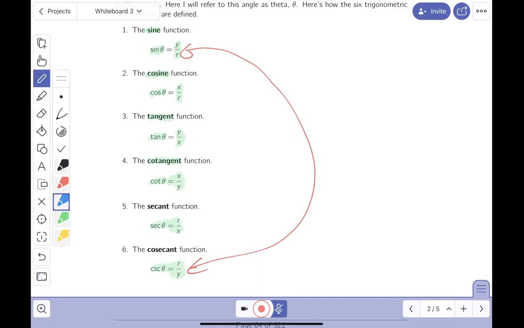Now, if you look at x over r, its reciprocal will be r over x. What am I saying? The reciprocal of cosine is secant. Really important. All right, let's keep going. And let's do this one. Y over x, its reciprocal will be x over y. What am I noticing? Well, the tangent function, cotangent, they're just reciprocal functions, right? This is the basis of everything that follows.